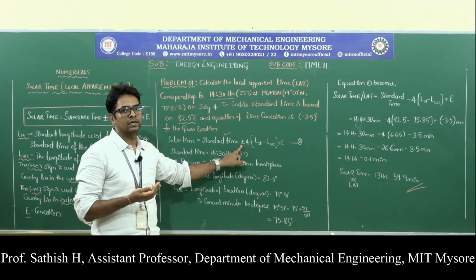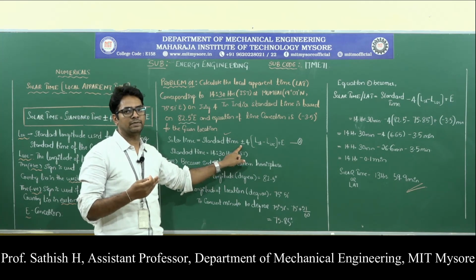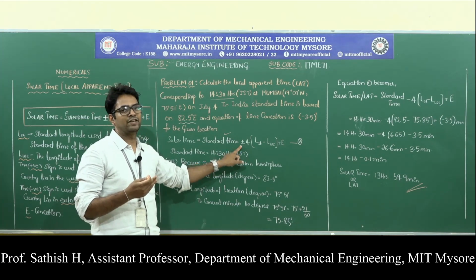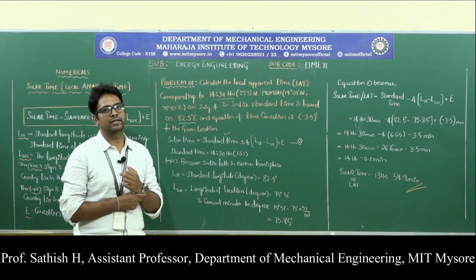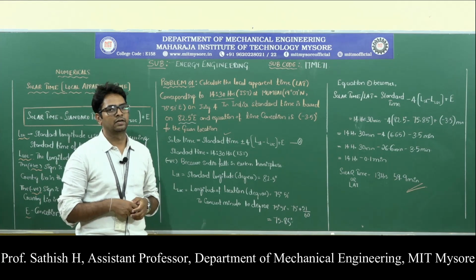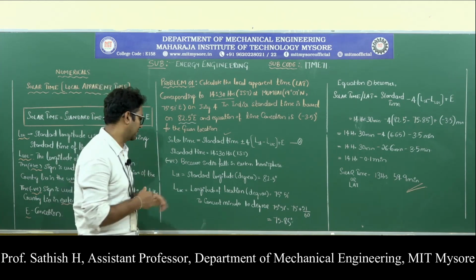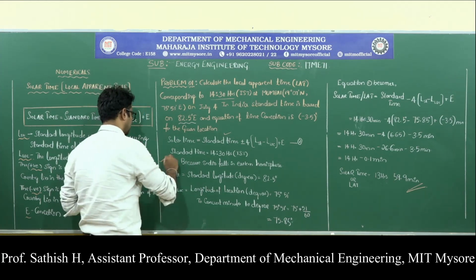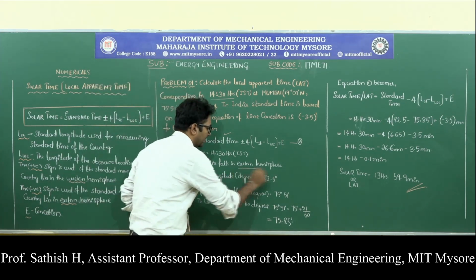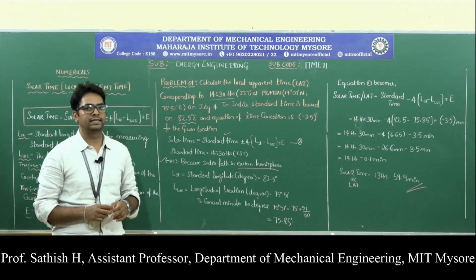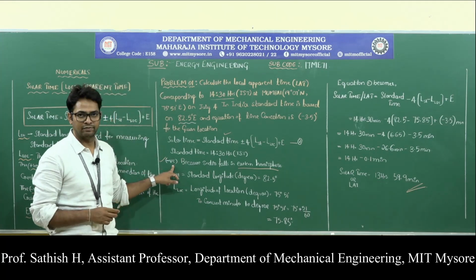If the country lies in the eastern hemisphere, then we take it as negative. Since we are discussing Mumbai, India, which is in the eastern hemisphere, the negative sign should be taken. That note has been written here. Because India falls in the eastern hemisphere, we will take the negative sign.